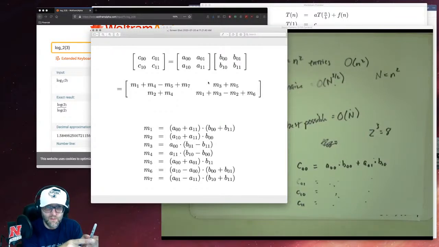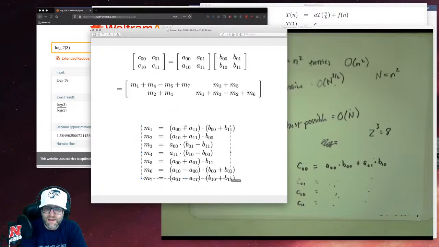Hey, I don't have to multiply that product twice. I can go ahead and reuse it. For example, M4 right here is used here, and it's used over here. M1 is used here and here. M3 is used here and here, etc., etc. So some of these things are being reused.